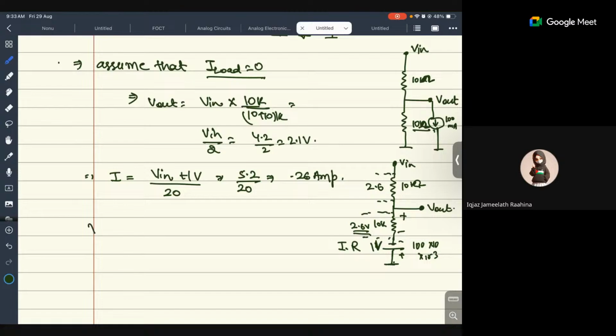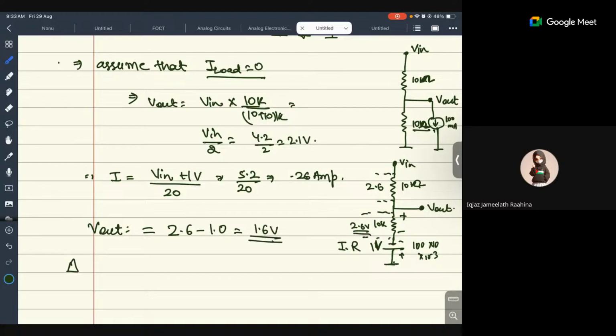Now what is V out? Negative is connected with negative, positive is connected with V out, and this positive is connected with ground. So basically the voltages are connected in series but with opposite polarity, so there is a voltage difference. So 2.6 minus 1.0 is 1.6 volt.